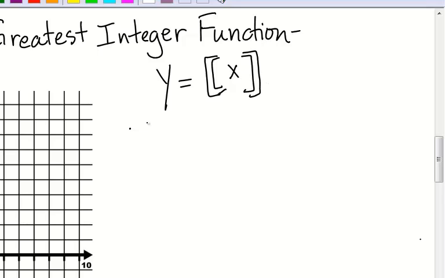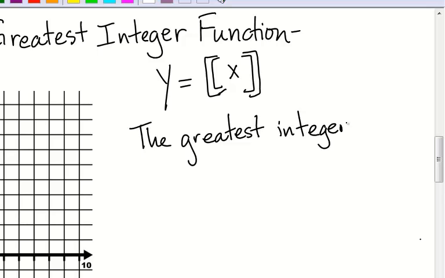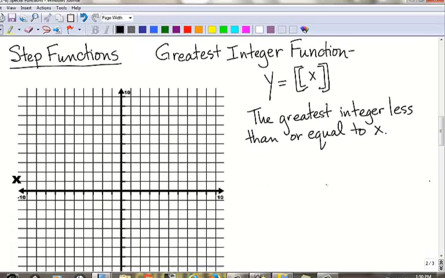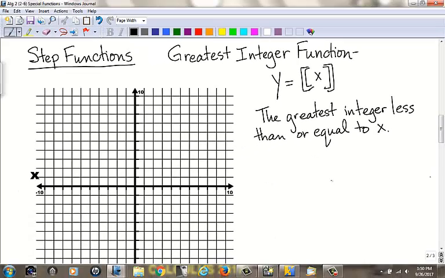Definition: it's the greatest integer less than or equal to x. It's the greatest integer less than or equal to x.